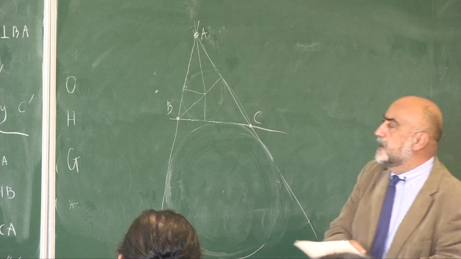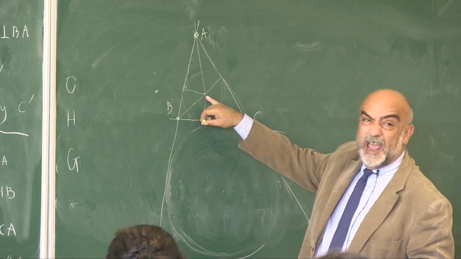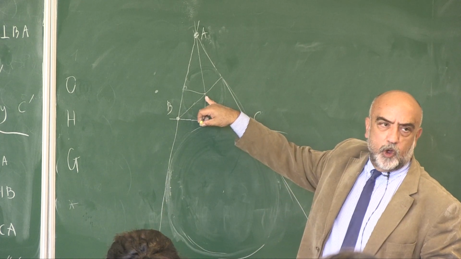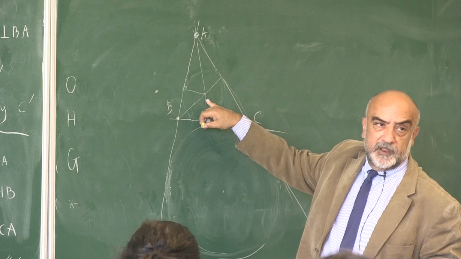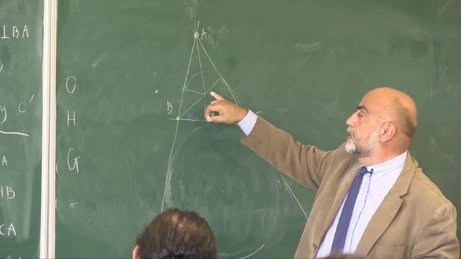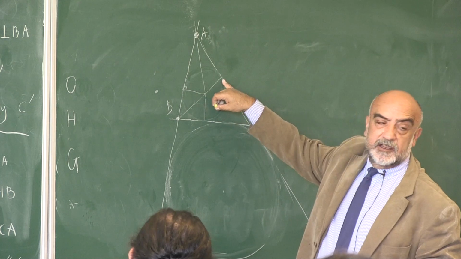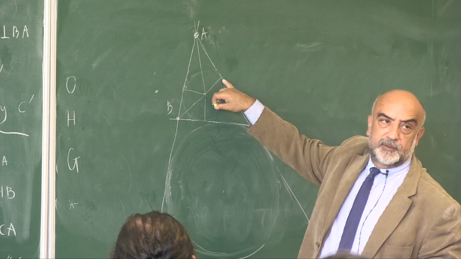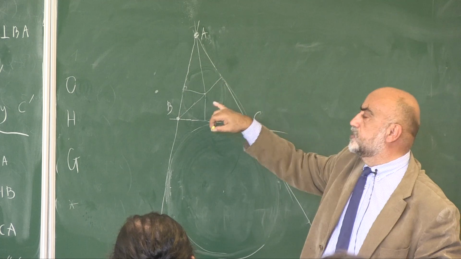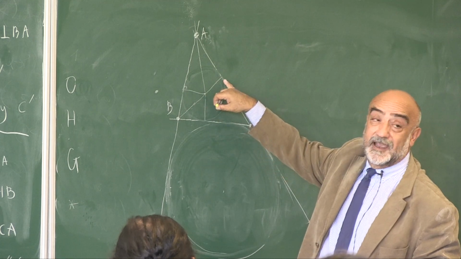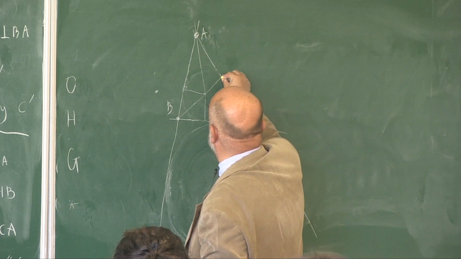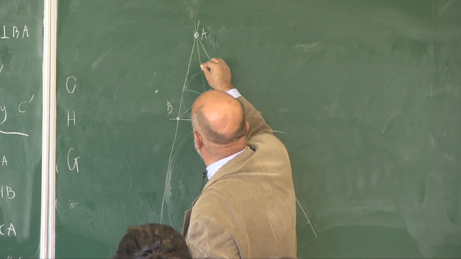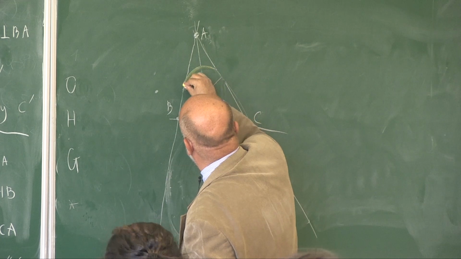So if you apply the point of your compass to this point, and the writing point to the foot of the perpendicular which I dropped on any of the sides, it doesn't matter, and draw the circle, then this circle will be tangent to all three sides.